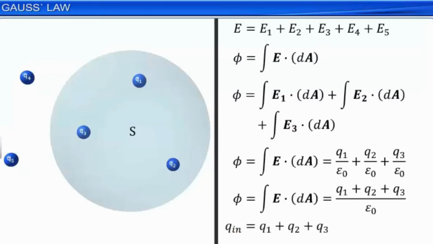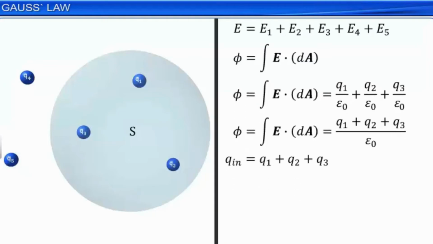Now the above equation for net flux can be written as phi is equal to integral E dot dA is equal to Qin by epsilon naught. Let this be equation 6. It is important to note that the electric field strength appearing in equation 6 is the net electric field strength E due to all charges present within the Gaussian surface and also outside the Gaussian surface.